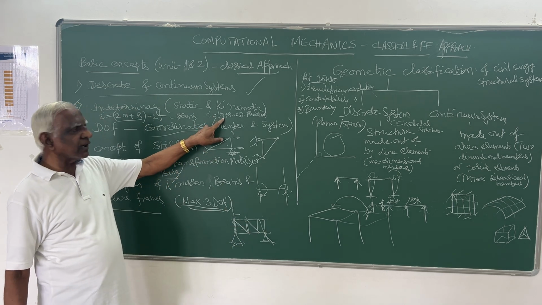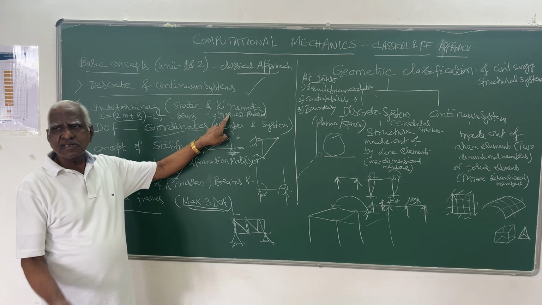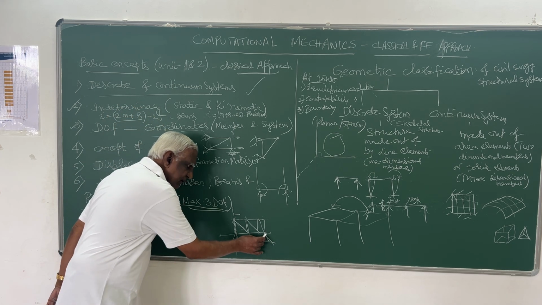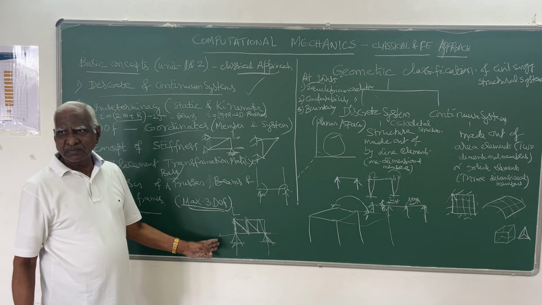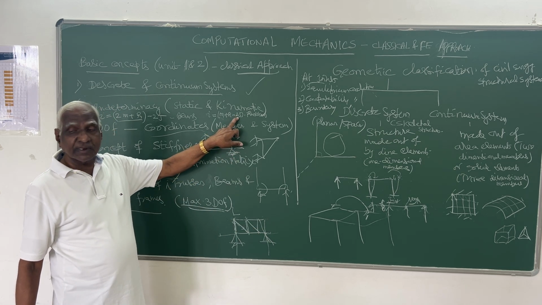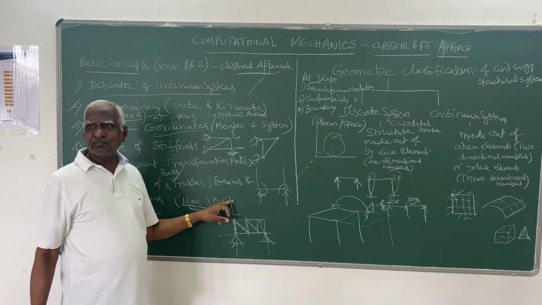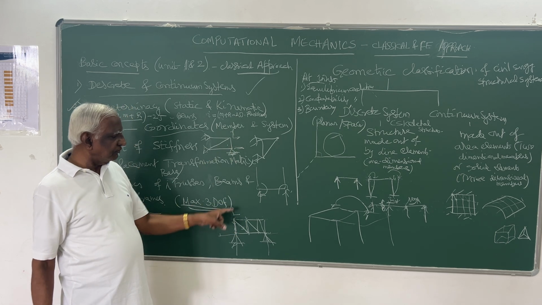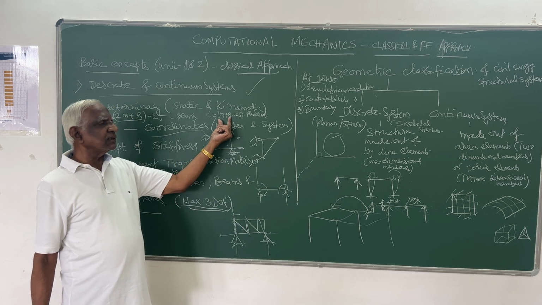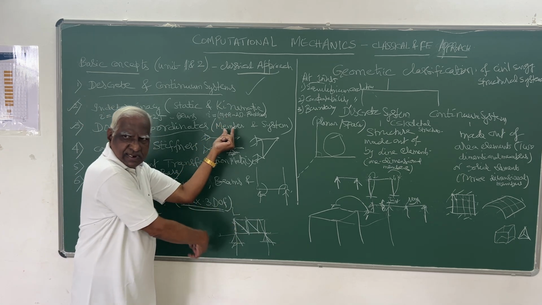If you have m number of members, it means m into 1, m. Or of course support reactions. Here it is a hinge, 2 reactions, 2 reactions, so totally R is 4 we have to take. And at each joint you have 2 equations of equilibrium, Fx equals 0, Fy equals 0. So if j is the number of joints, it means 2 into j. So this is the total number of unknown forces to be determined in this entire structure.